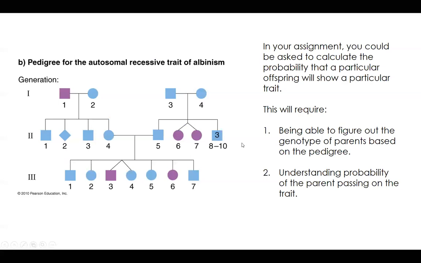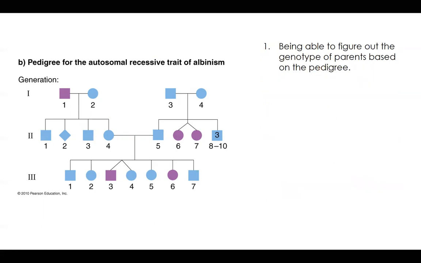Okay, so being able to figure out the genotype of the parents to begin with is step one, and we can do this based on the pedigree. And then we have to understand the probability of that parent passing on this trait. So we'll use this autosomal recessive trait for albinism to do this work. So first, figuring out the genotype of the parent based on the pedigree.